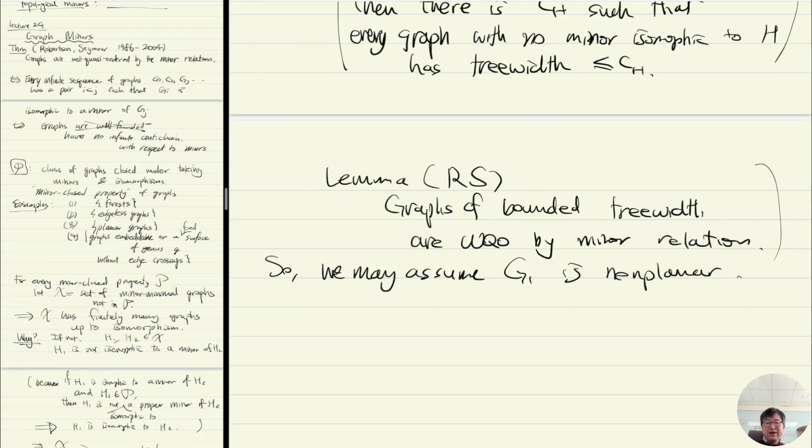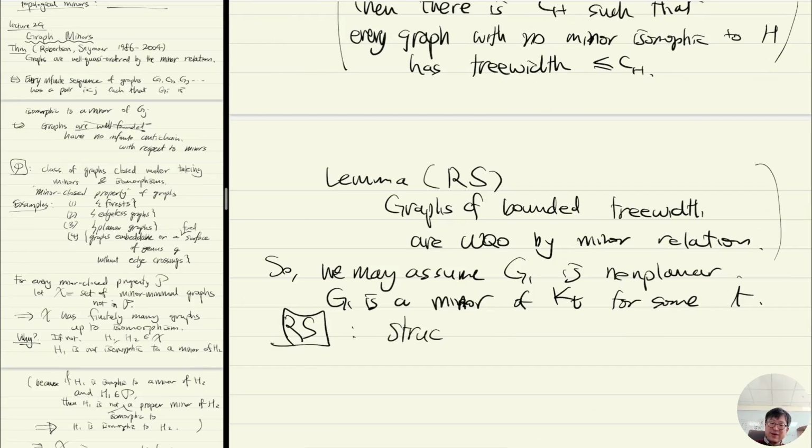Now what they use is the following: G1 is a minor of Kt for some t. Right? Now Robertson and Seymour also described the structure of graphs without Kt minor.